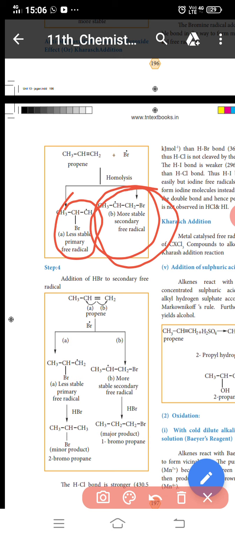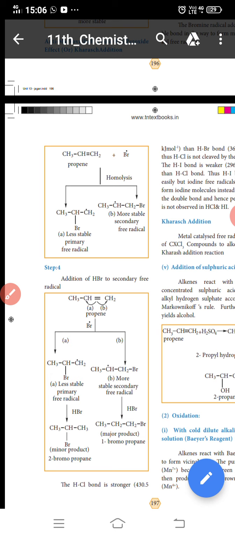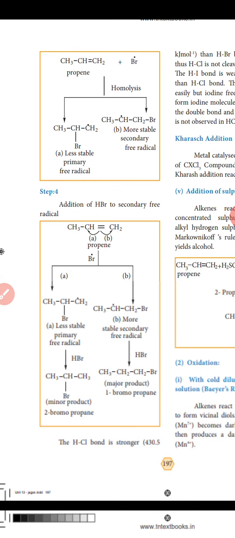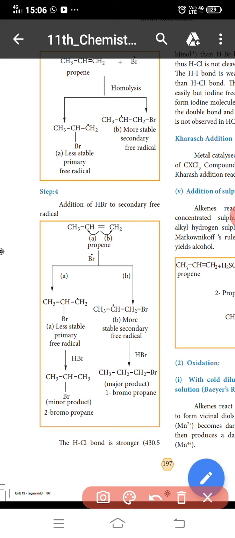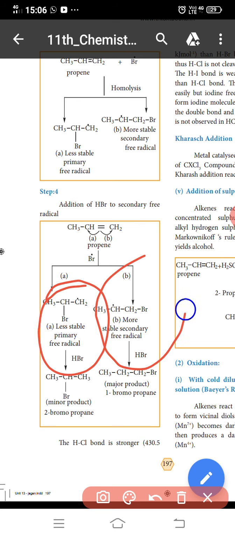Step 4: addition of hydrogen bromide to the free radicals. Propene, CH3-CH=CH2, gives two radicals, A and B. A is the less stable primary radical; B is the more stable secondary free radical.